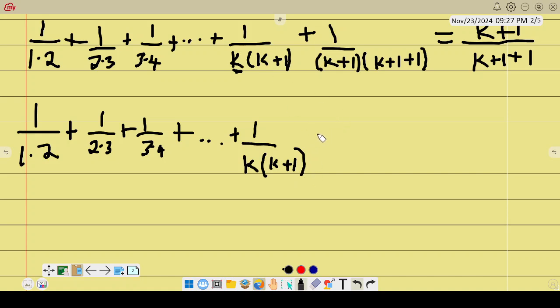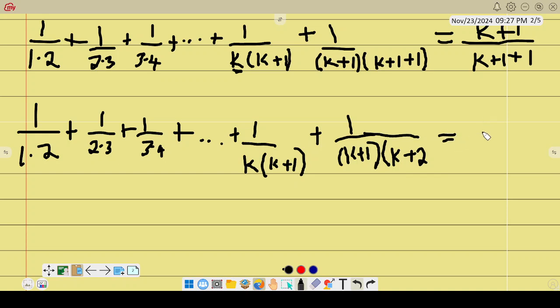Here we have k plus 1, and then this is 1 plus 1, it's 2.